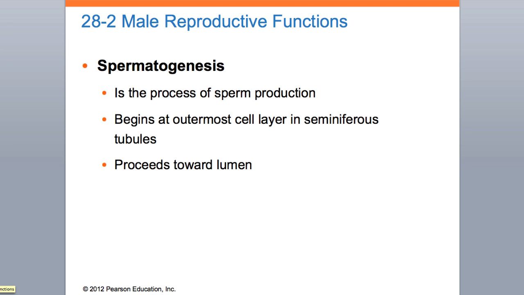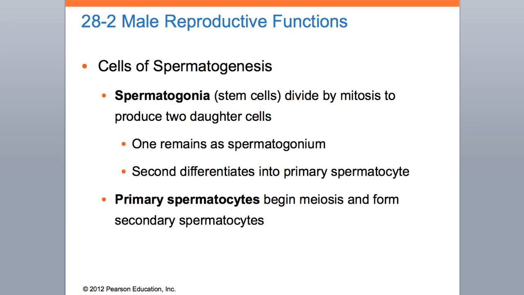The rest of the slide is best shown in a picture that's coming up. This slide you should keep in mind, because what are we doing in spermatogenesis? What we're really doing is breaking down by way of mitosis, and then what? Meiosis.